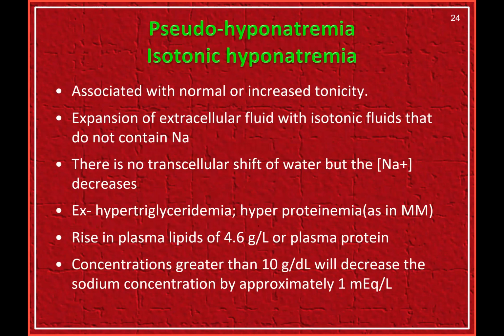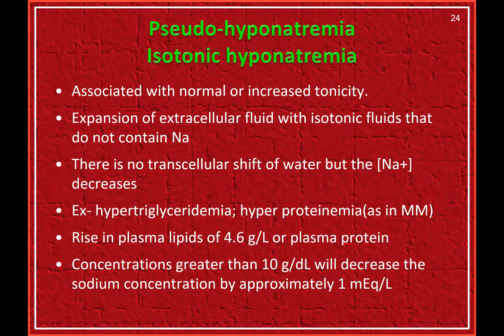There is what is called pseudo-hyponatremia. First of all, we will understand this and put it aside. It is called pseudo-hyponatremia because it is associated with normal or increased tonicity. So there is hyponatremia, but look at the plasma osmolality, it is normal or increased. It expands the extracellular fluid with isotonic fluids that do not contain sodium. So what did we do?